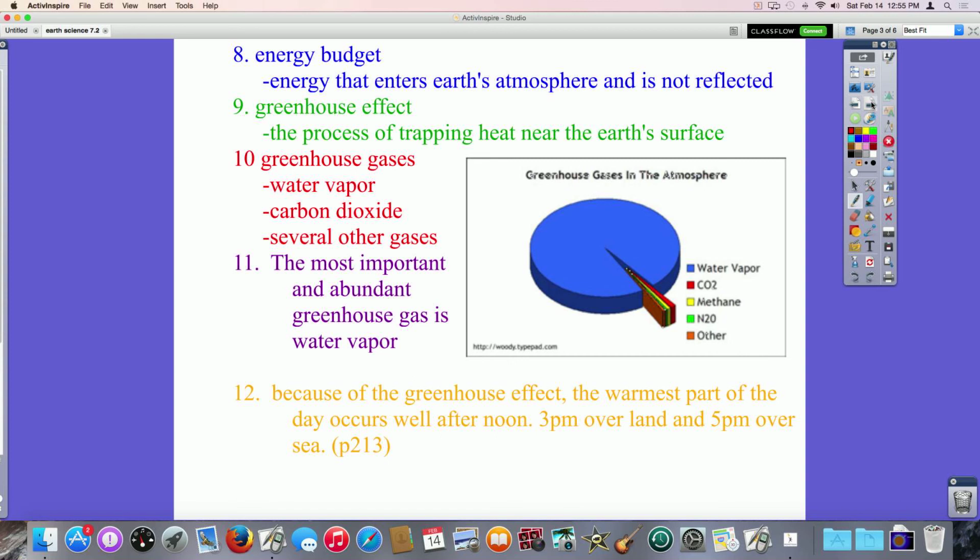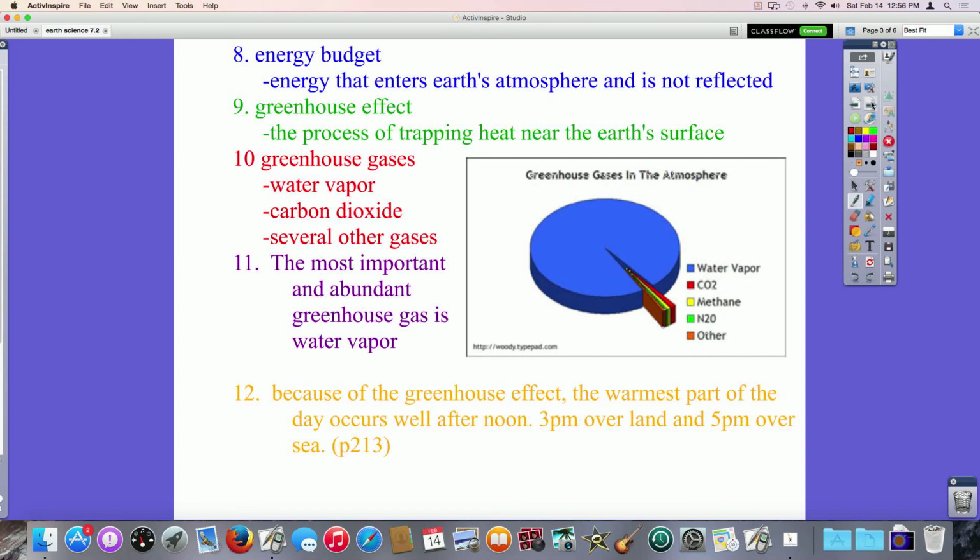We talked about water vapor being highly variable depending on a few factors. Humidity was a measurement of that variability. And the most important and abundant greenhouse gas is water vapor. Why? Because water is heated more slowly and it releases heat more slowly. It actually can hold a lot of heat energy for quite a long period of time.